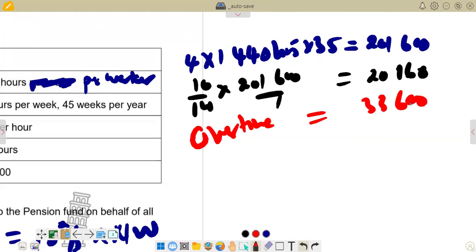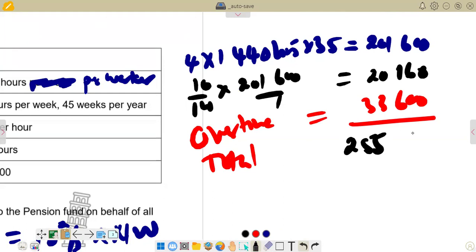So this is what we have. Then if you add there, you are going to get the total. So let's add by saying 201,600 plus 20,160 plus 33,600. You're going to get 255,360. So this is the total direct labor cost.